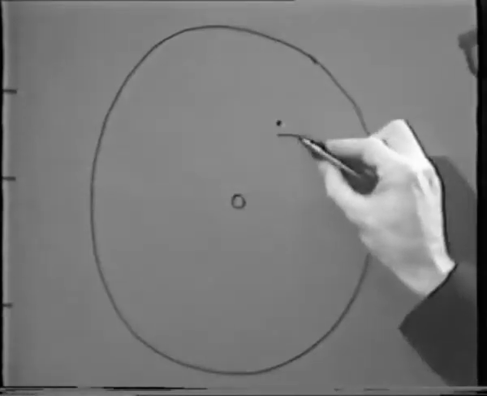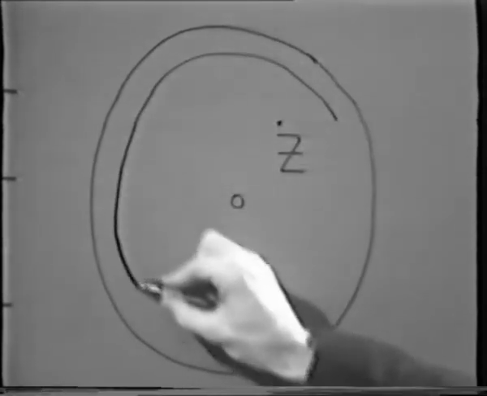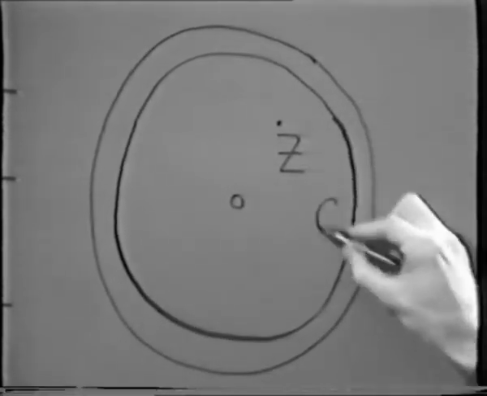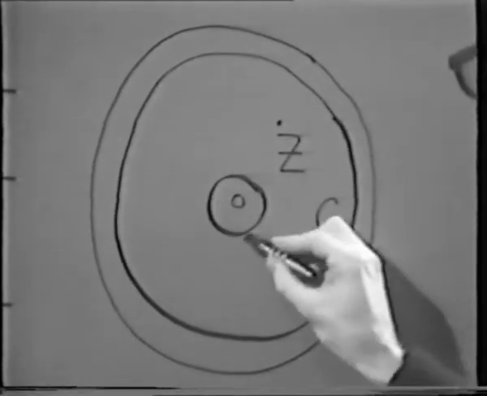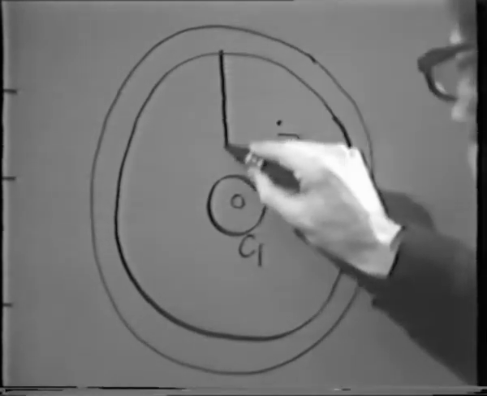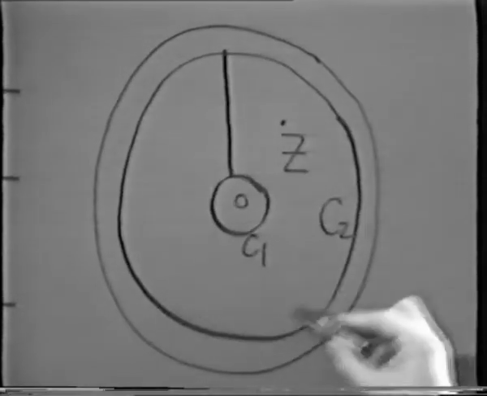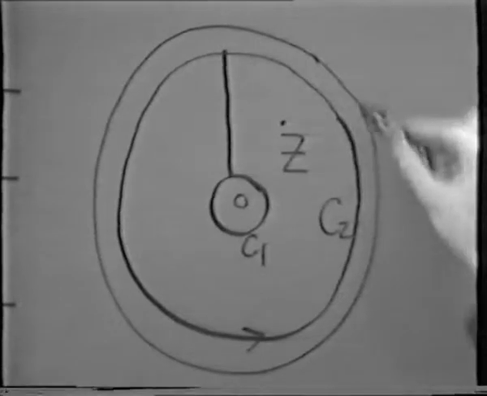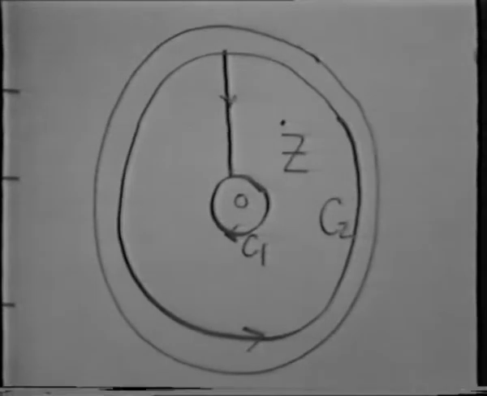Here's a point z. We take a circle C2 lying outside z, another circle C1 lying inside z, and we can construct a contour as follows. Join those two circles along a straight line, and we'll go once round C2 in the positive direction, in along this line segment, then around C1 in the negative direction, then back along the line segment.